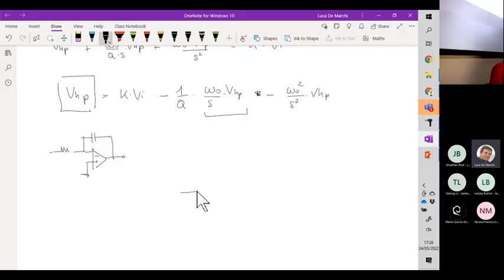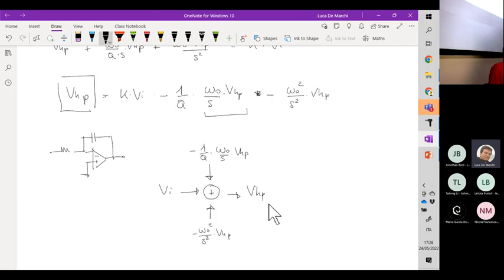So you plug VI into another circuit in which the other terms are minus 1 over Q times the integral of VHP according to the time constant 1 over omega0. And a second additional term is omega0^2 over S^2 VHP, and you get as output VHP.